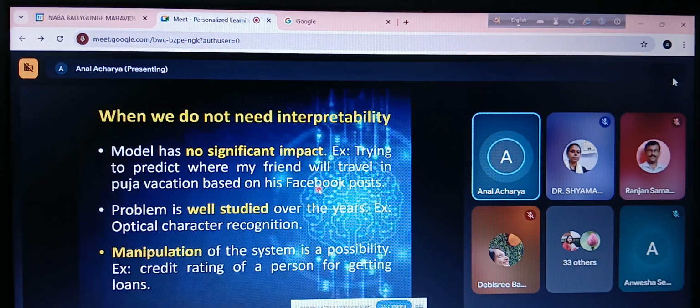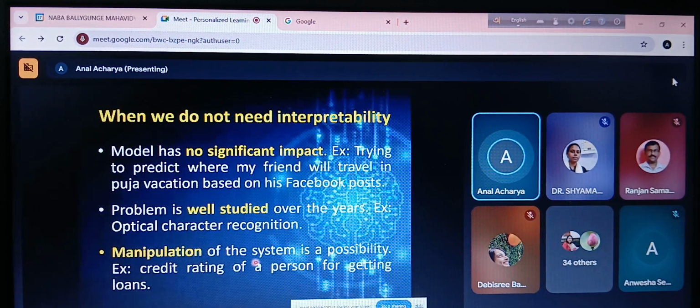Second thing is that the problem is well studied. Over the years, the problem has been studied. For example, optical character recognition. This is another example. The characters are being studied properly, like the characters A, B, C, D. The OCR is able to identify the characters, right?